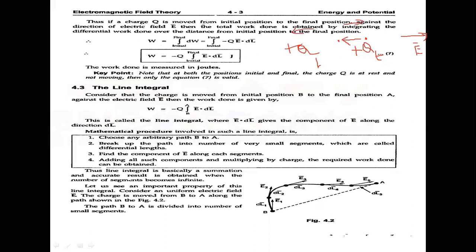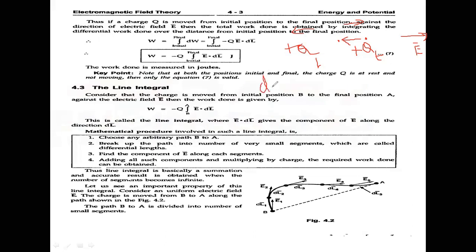Thus, if a charge is moved from the initial position to the final position against the direction of electric field E bar, then the total work done is obtained. Here the total work done is obtained by integrating the differential work done over the distance from the initial position to the final position.